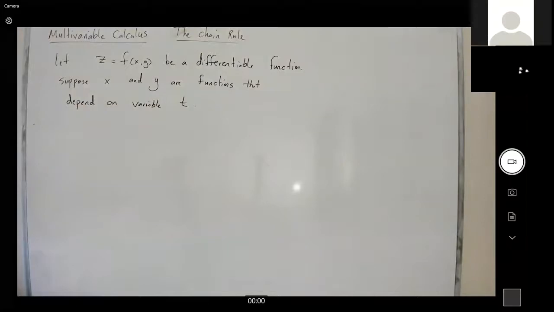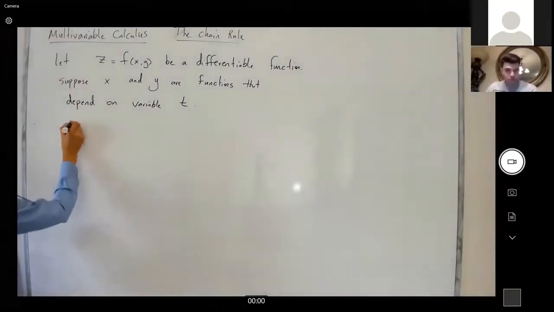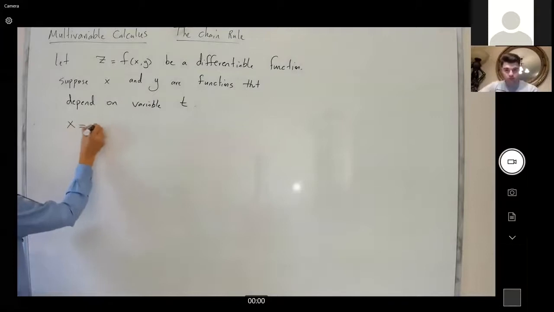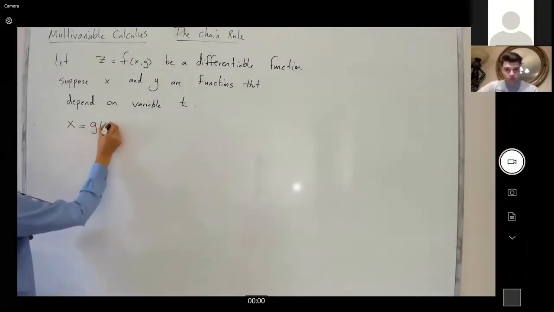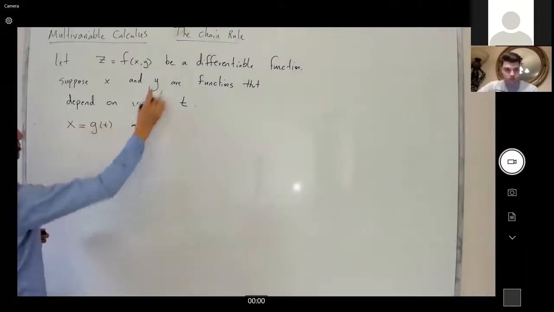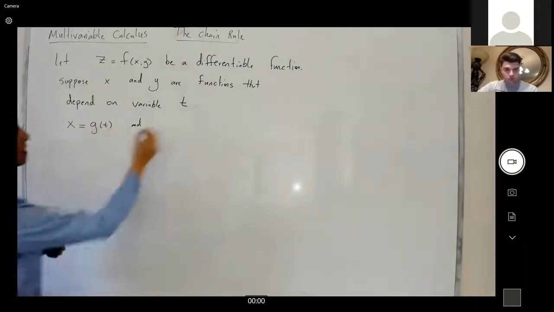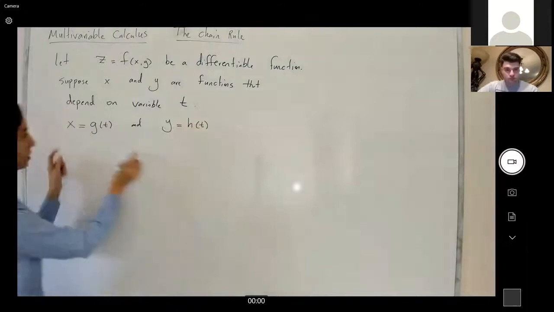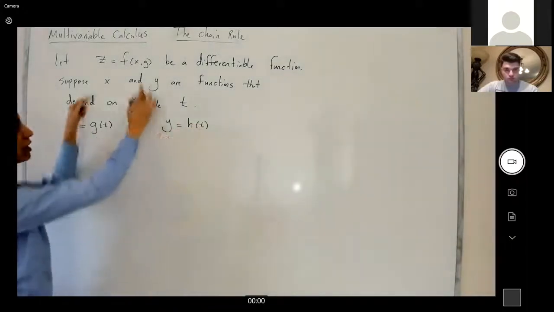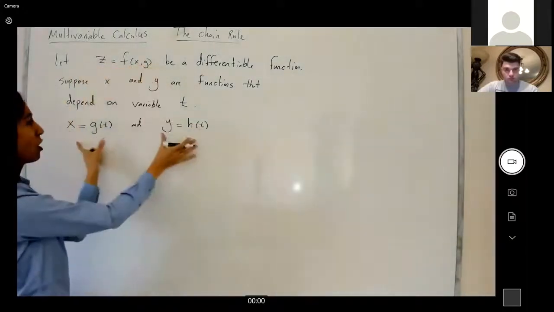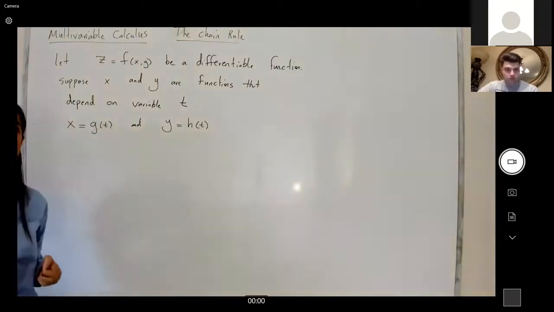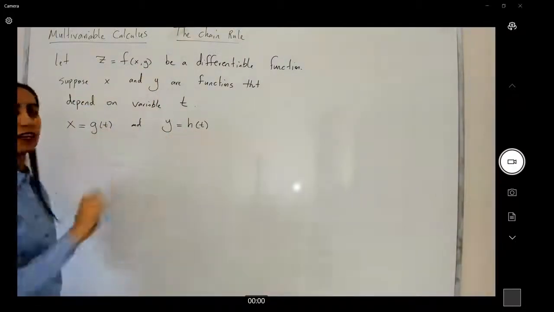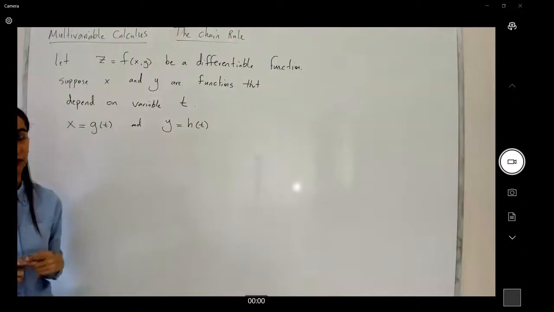We can say, let x be a function of t, defined as g of t, and y be defined as h of t. So we have two variables. These two variables are also functions of a new variable like t.